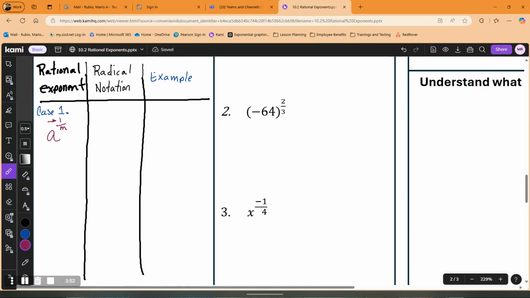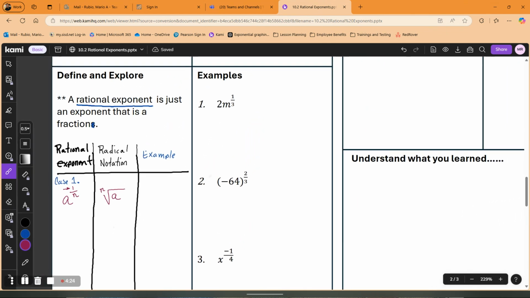So a raised to the 1 over n is actually the same as saying the nth root of a. I keep drawing an m, but it's an n. I'm sorry. That's why I was so lost.